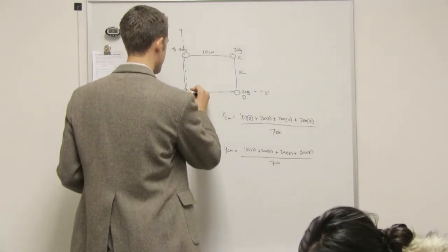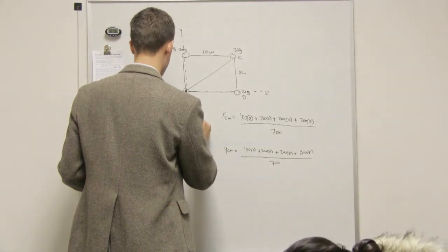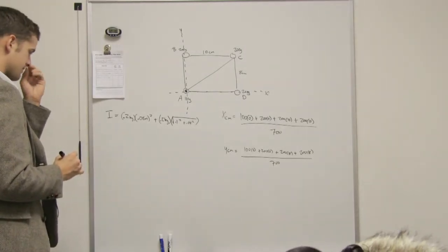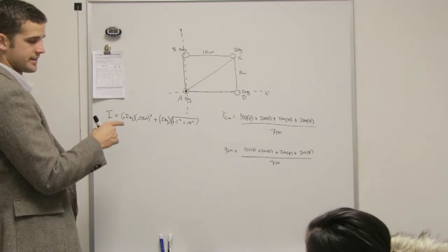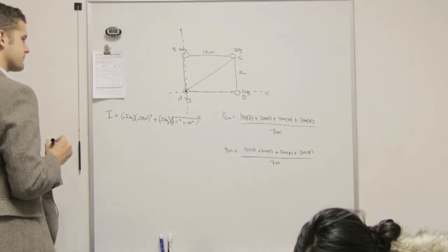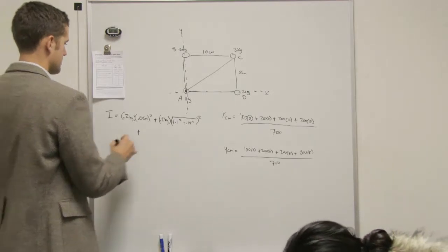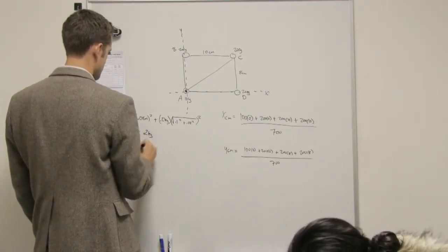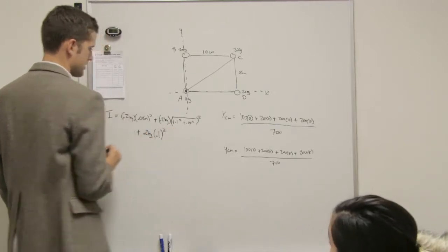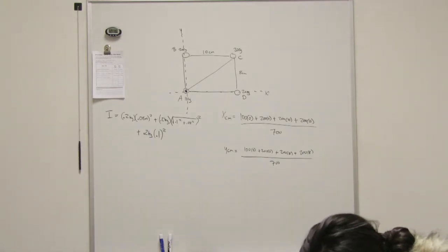You're just finding this distance: 0.1 squared plus 0.08 squared, all squared, which just gets rid of the square root. Then plus D, which is 0.2 kilograms times 0.1 meters squared. And that's equal to our moment of inertia.